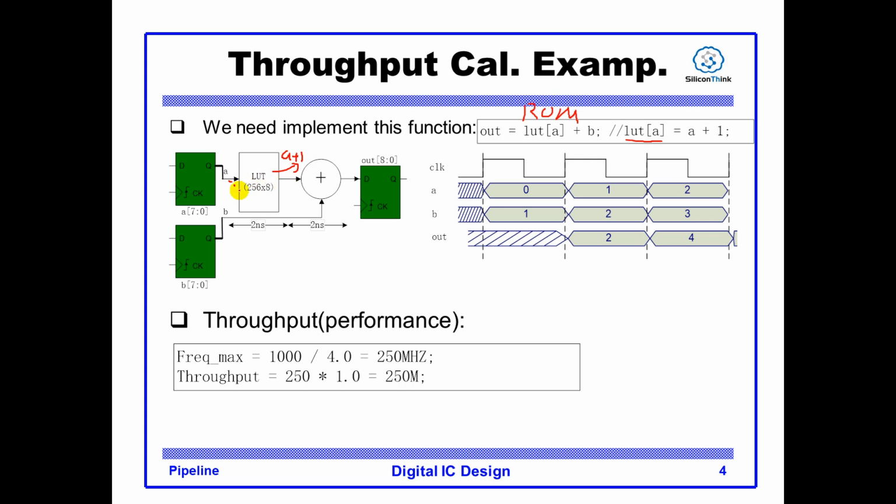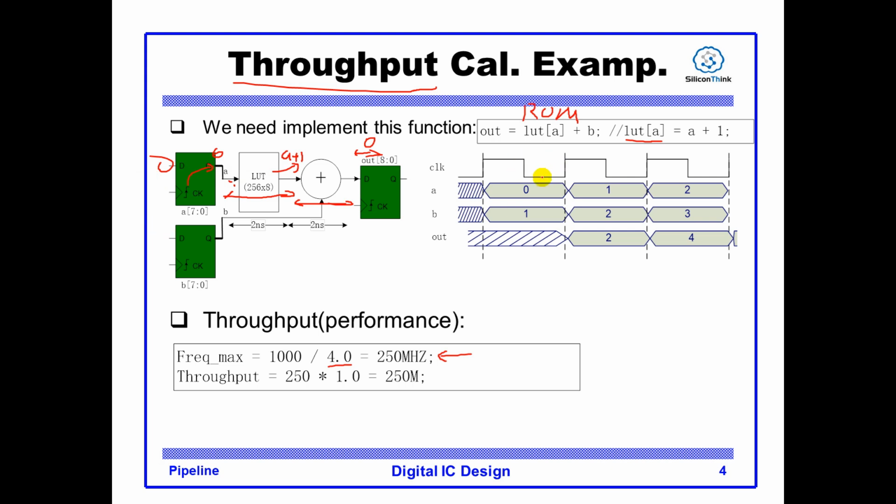So let's assume the delay of the LUT is 2 nanoseconds, and the AND here is also 2 nanoseconds, and we assume the clock to Q delay is 0 and the setup and hold time is 0. So what's the maximum frequency and the throughput for this circuit? The answer is the total delay is 4 nanoseconds, then the clock can run at 250 megahertz. And you can see from the circuit you can change data every cycle.